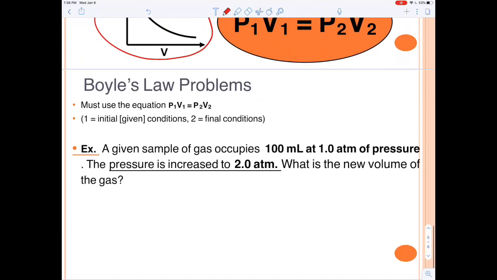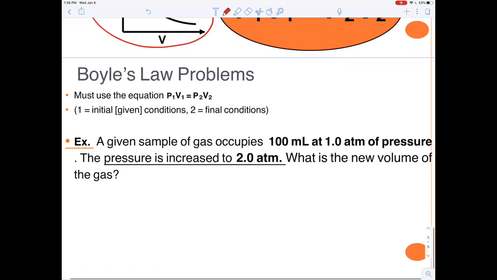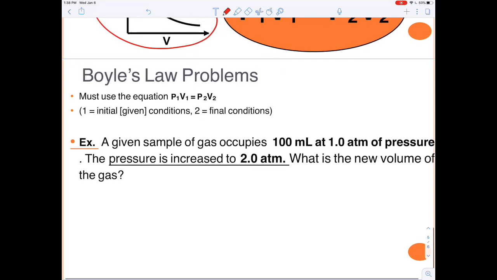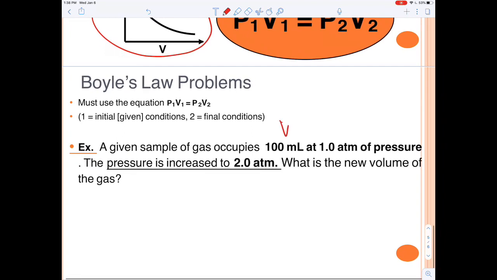Let's take a look at one example problem now. So we're going to use that equation. A given sample of gas occupies 100 milliliters at 1 atmosphere of pressure. So right away, I'm given my V1 and my first pressure. Again, milliliters tells me it's volume, ATM tells me it's pressure. The pressure is increased, so now I've got a second pressure.